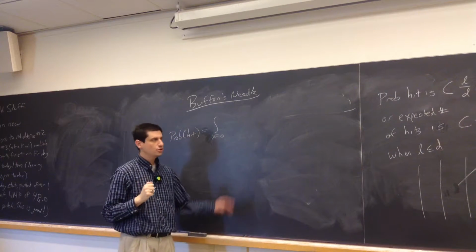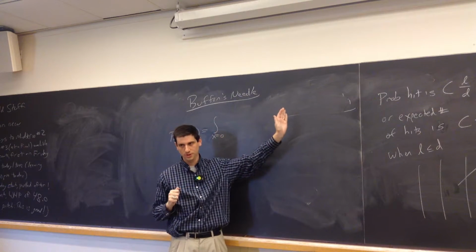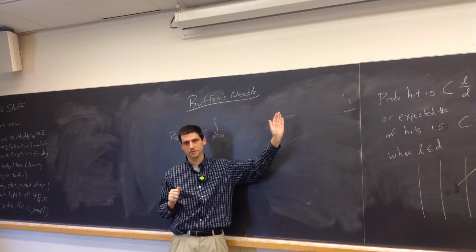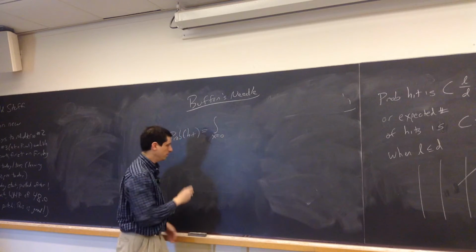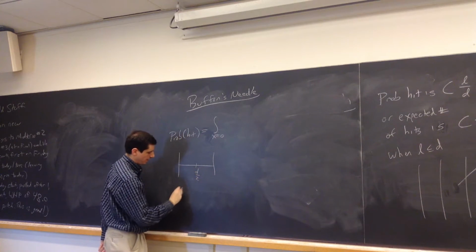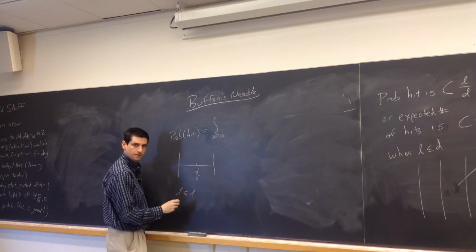One possibility is we could go all the way up to d over 2. But if we go all the way up to d over 2, can we get a hit? No, remember, so here's d over 2, and we have L is less than or equal to d.